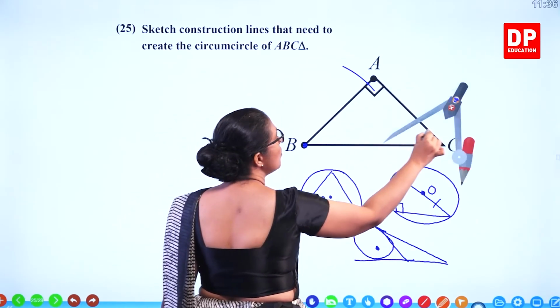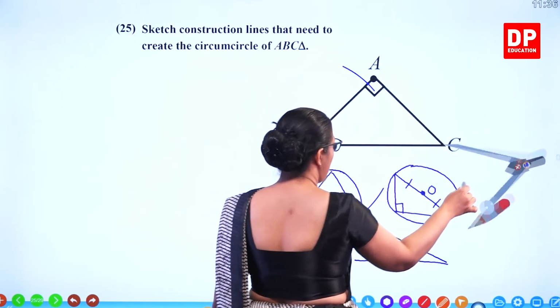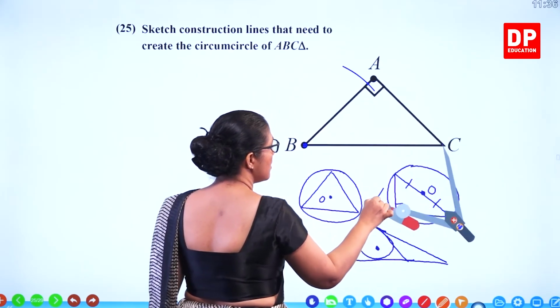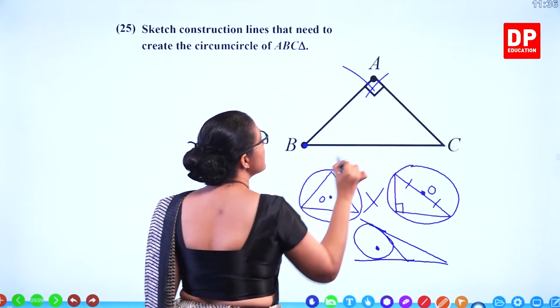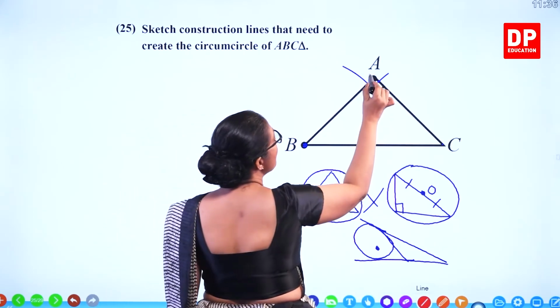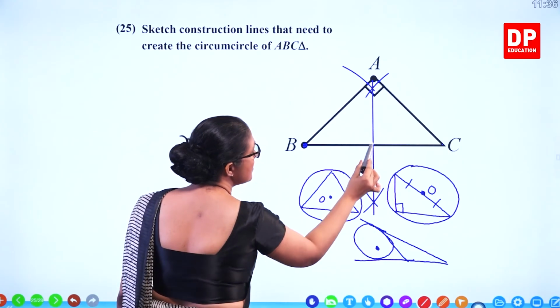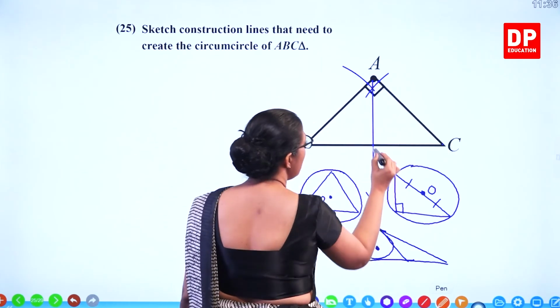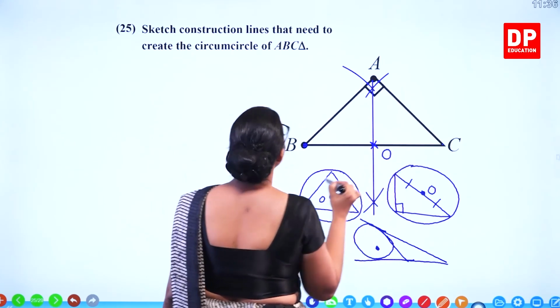Also keep the same distance, place it on C, and draw the other arcs above and below. So you get the intersecting points. Then you draw the line connecting these 2 points, and here is the center. So you can say the center is O.